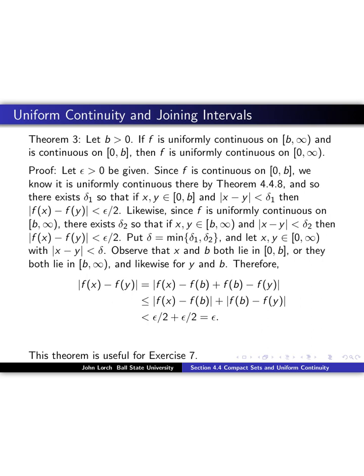So we let epsilon greater than 0 be given, and of course the name of the game is to find a delta that's going to do what we want it to do. So anyway, since f is continuous on the interval from 0 to b, we know it's uniformly continuous there. And so we can pick a delta 1 so that if x and y are in that small interval and they're within delta 1 of each other, then the corresponding function values are within epsilon over 2 of each other.